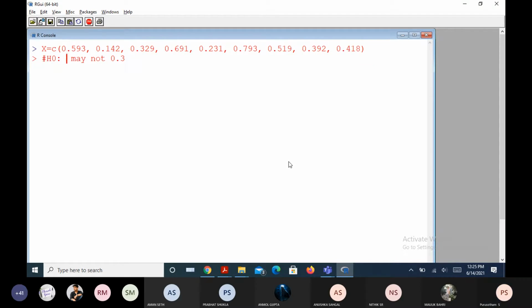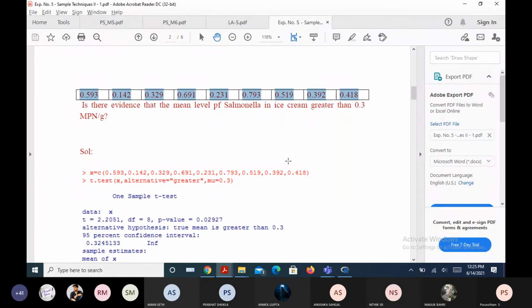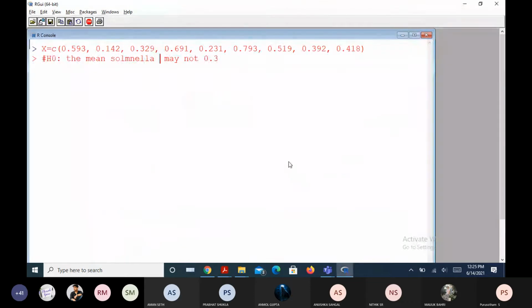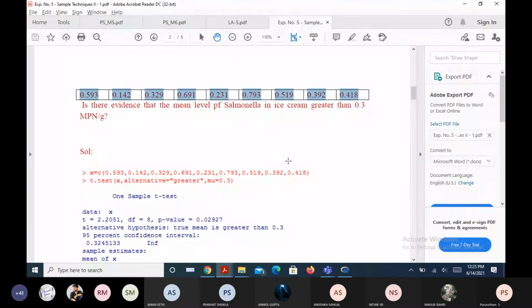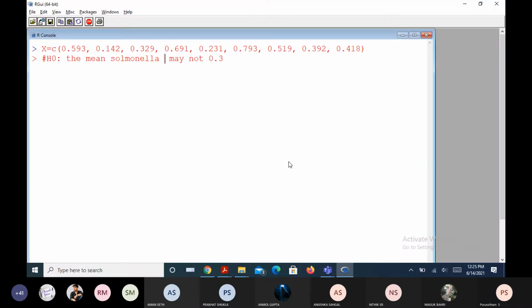The mean Salmonella in ice cream may not be greater than 0.3.